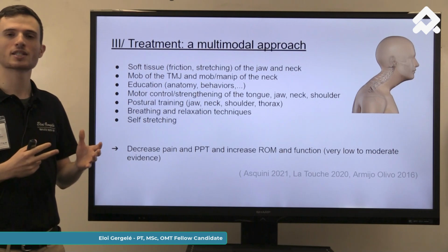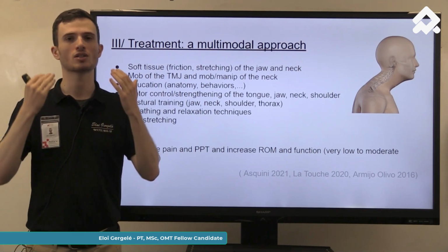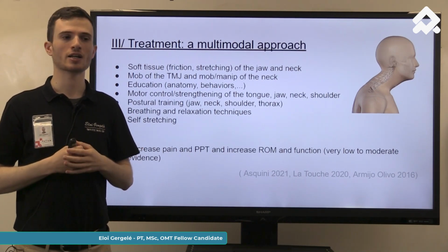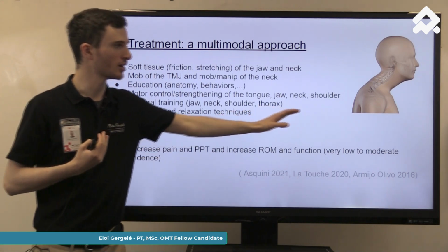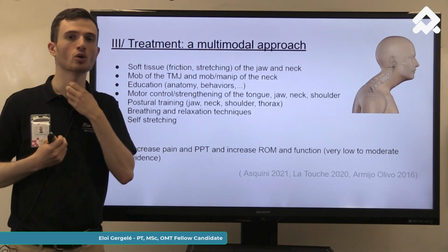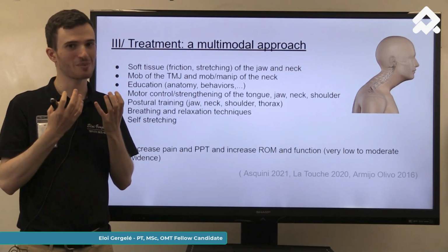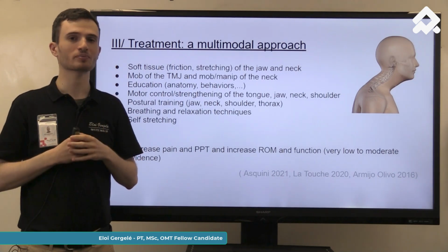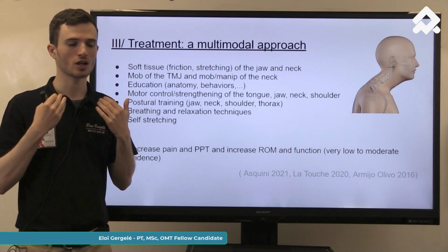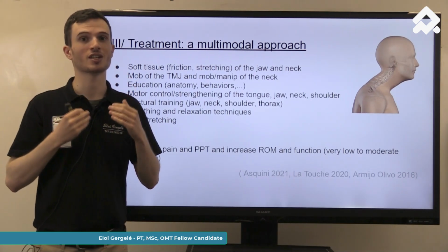So as you can see, we have some evidence for treating the jaw, but we also have evidence to treat the neck, the thorax and the shoulder, because it has been shown that if the patient adopts that kind of position, it's going to put tension in the hyoid muscles, and the patient is going to open his mouth, and to keep it closed, he's going to activate his masticatory muscles, and EMG has shown that the forward head position is going to increase the tension in that kind of muscle.